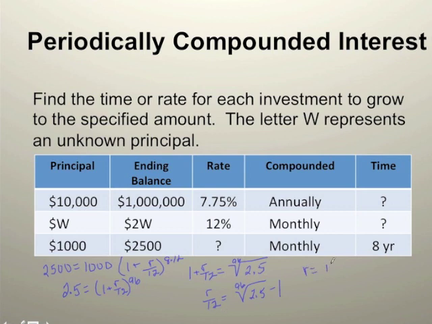So r equals 12 times the 96th root of 2.5 minus 1. This is the exact answer. When I go ahead and use my calculator, I find out that r is 11.5%.